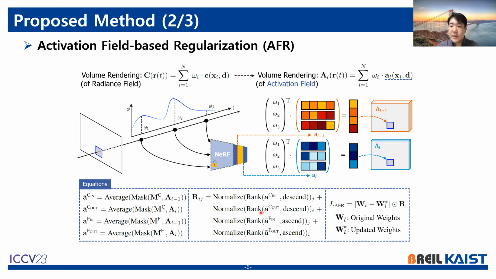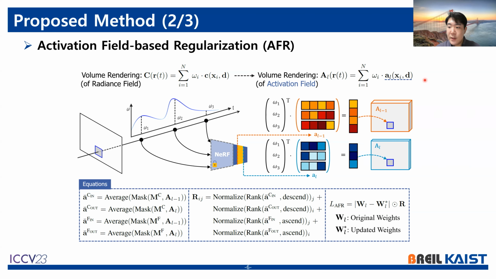Now, let's discuss AFR. First, I will explain the activation field. Just as the original NeRF renders color for a specific view through volume rendering, we can replace radiance with activation from a specific layer in the original formula to render the model's activation for a particular view.